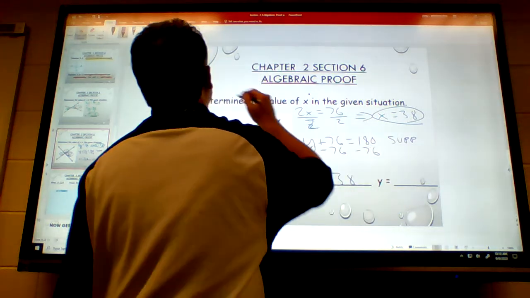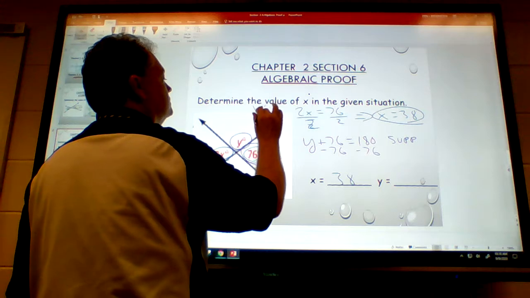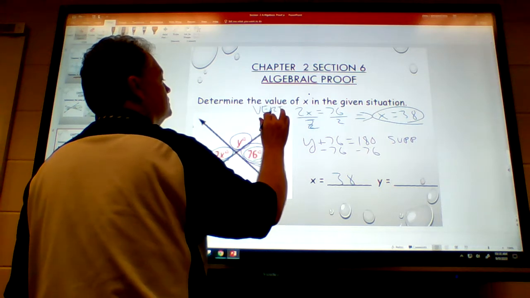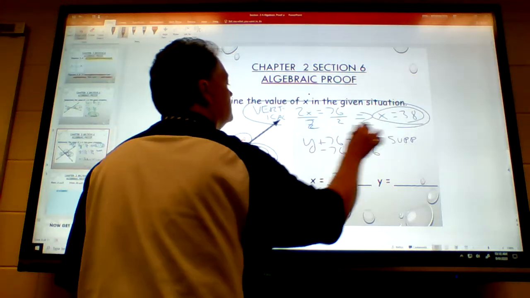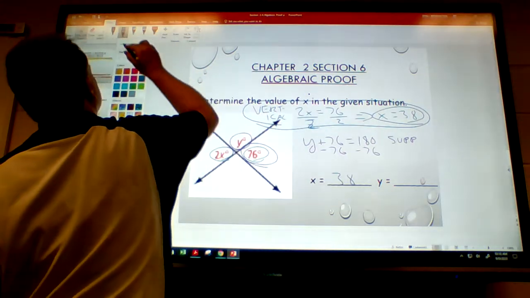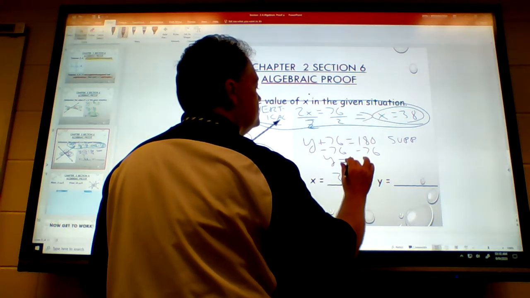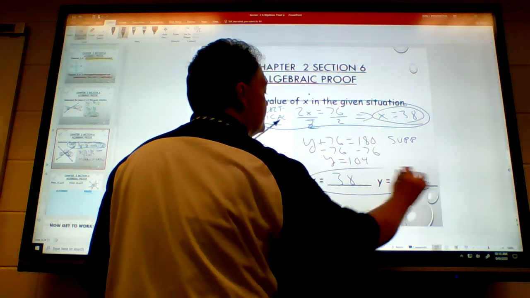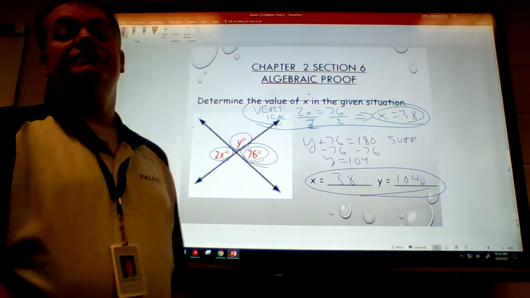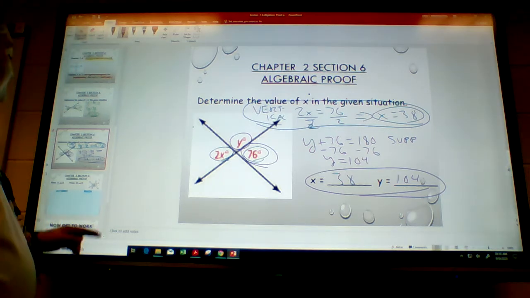Up here, these are vertical. So y equals 104. It's the kind of stuff you'll be using in your lessons, stuff you need to be prepared for and stuff you need to know how to do.